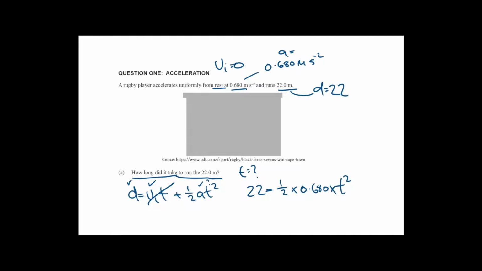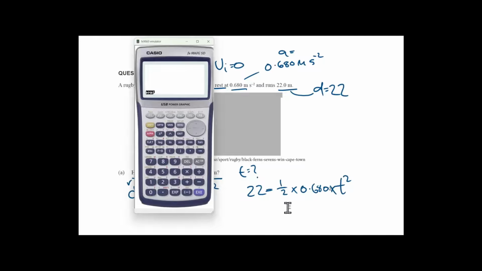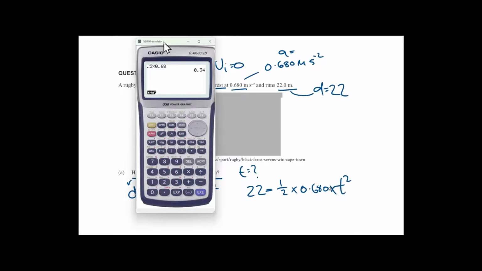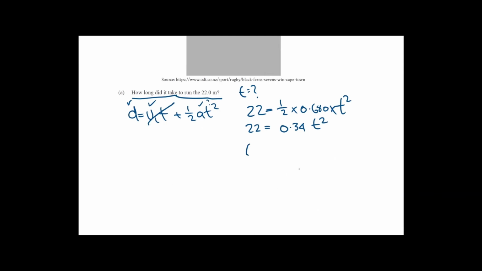So let's do mathematics first. Mr. Casio makes his first appearance. So 0.5, half, times 0.68, 0.34. So T squared is going to be 22 divided by 0.34.